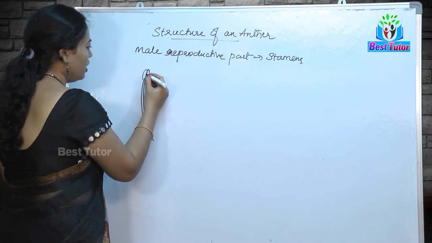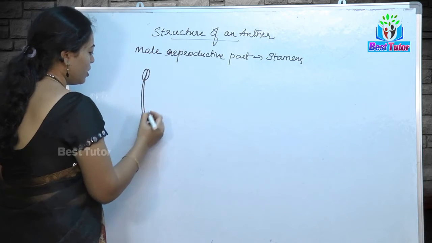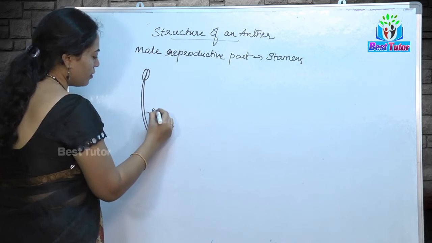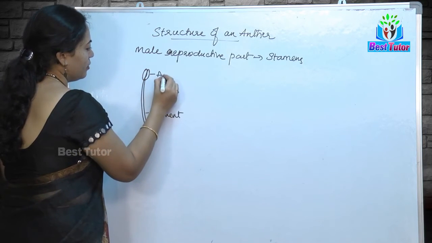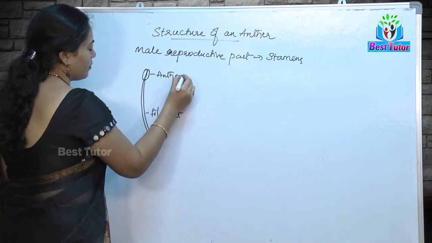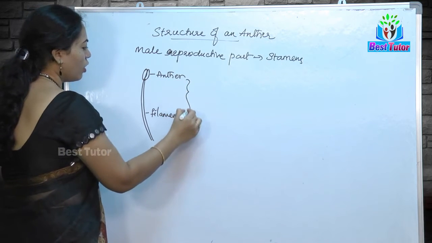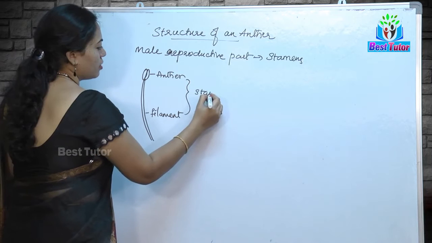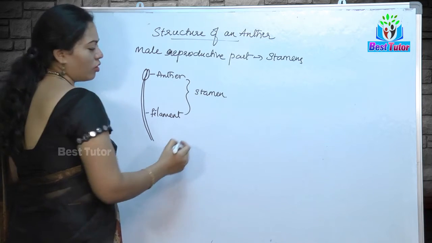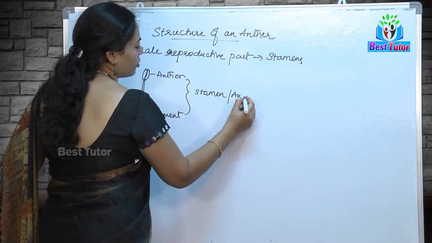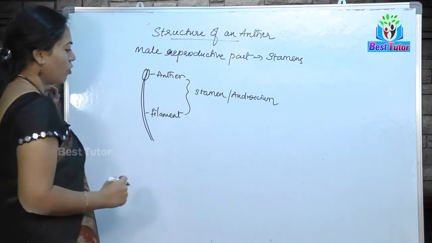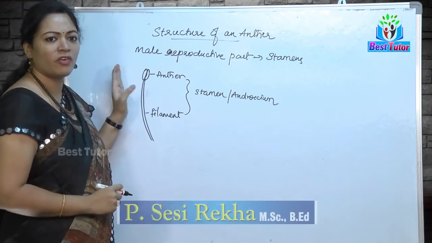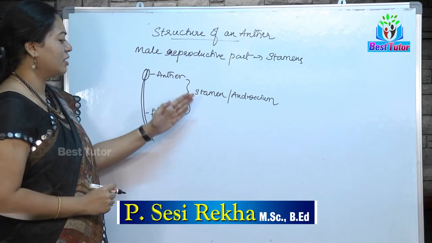This is the filament and this is the anther, and this entire thing we call a stamen, which also forms the androecium of a flower. So now what is the major function of this male reproductive part, the stamen?